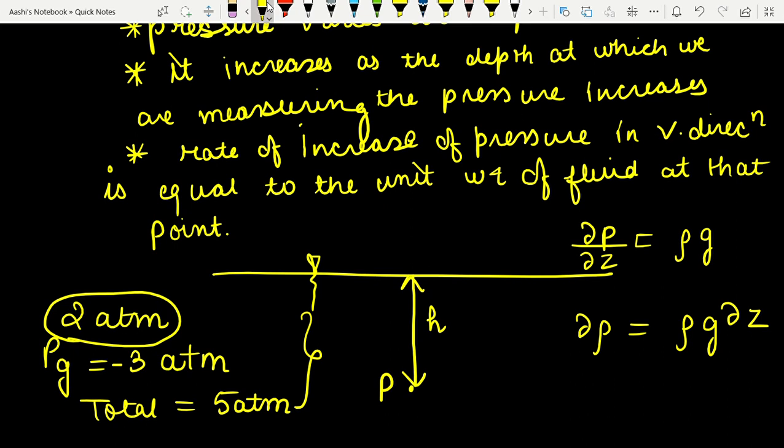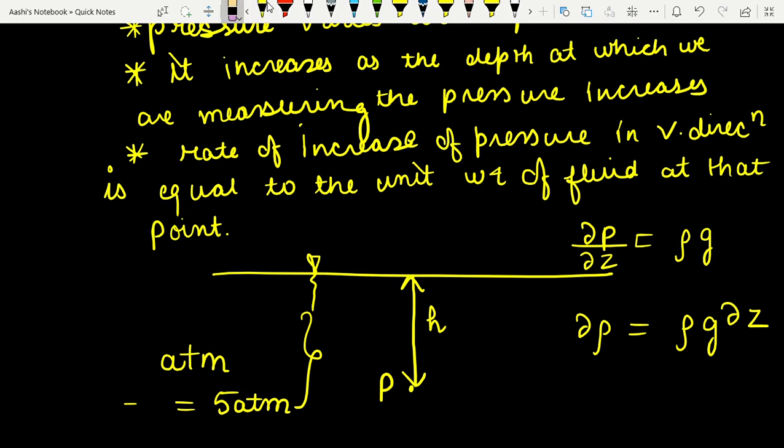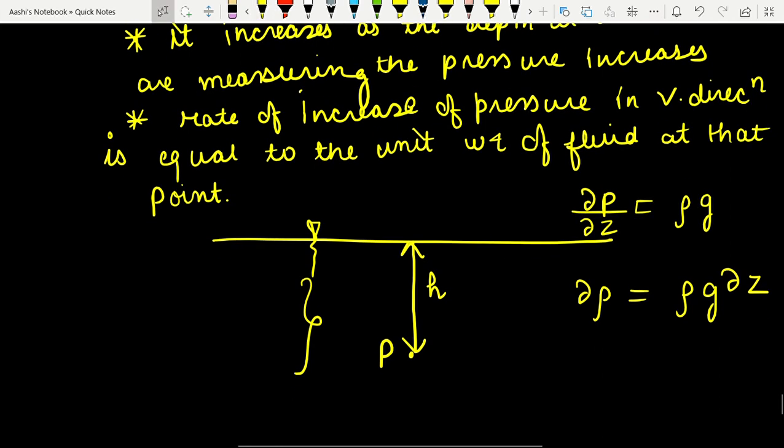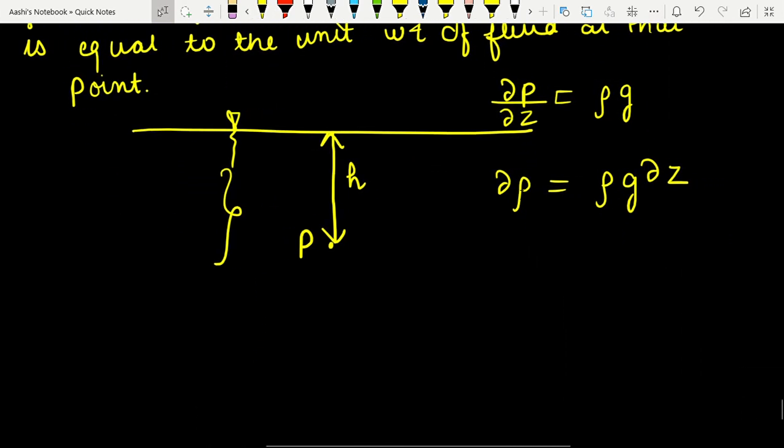And if the gauge pressure is positive, it means pressure is above the atmospheric pressure. So it is nothing but a change of reference. When you consider atmosphere as the datum, then you call it gauge pressure. As simple as that.